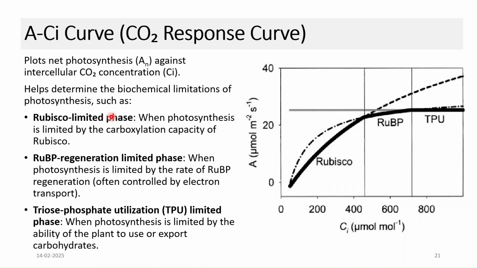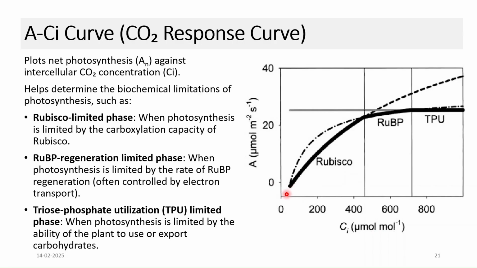We had studied in the FvCB equation a photosynthetic rate called the Rubisco limited photosynthetic rate. The FvCB equation says that the minimum of Rubisco limited, RUBP regeneration limited and TPU limited rates is considered as the net photosynthetic rate.